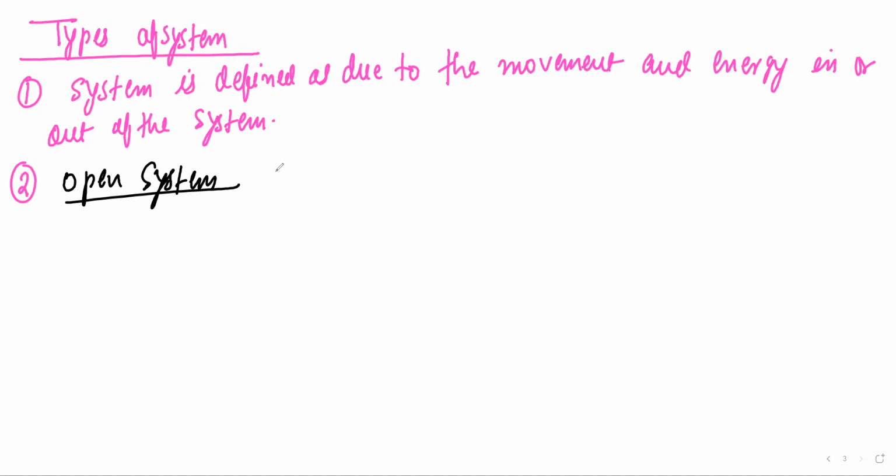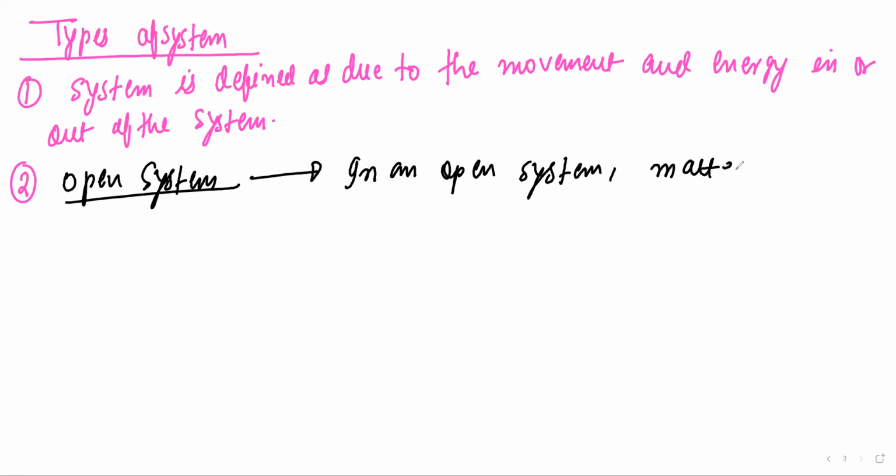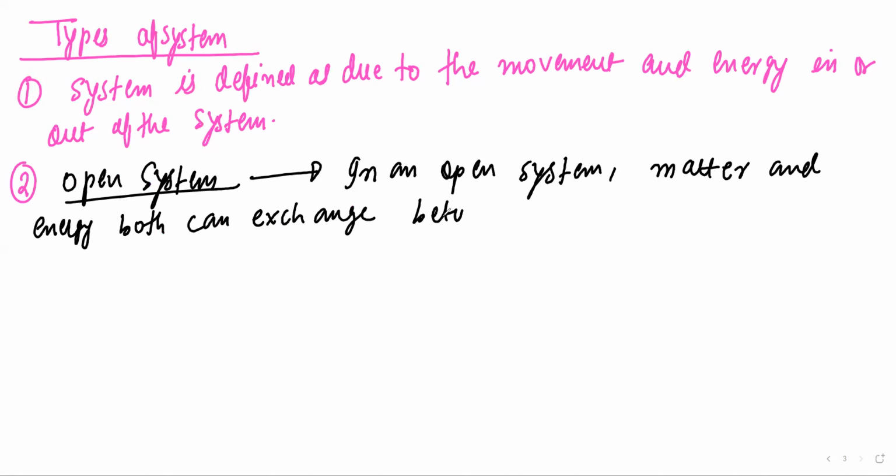So in an open system, matter and energy both can be exchanged between system and surrounding.